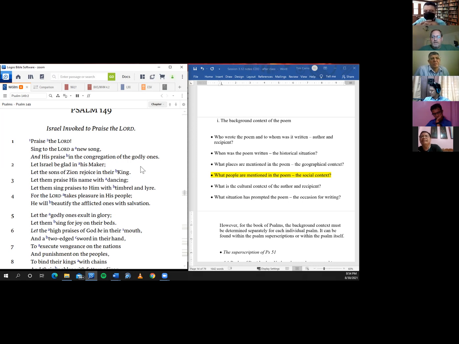But we should always do our best to try to uncover as much of the background context as we can, whatever the Lord has provided for us to be able to do that, because that will help us to better understand the psalm. Okay, good question. Any other questions or comments, thoughts?